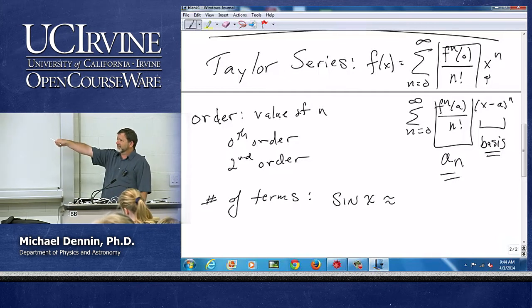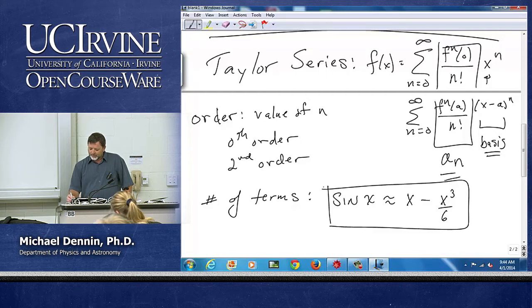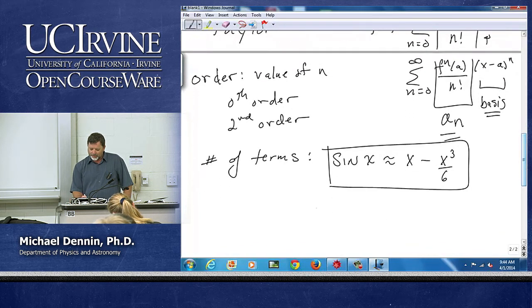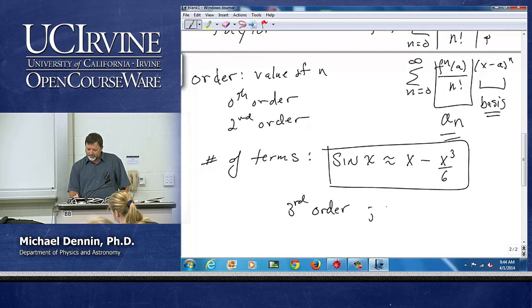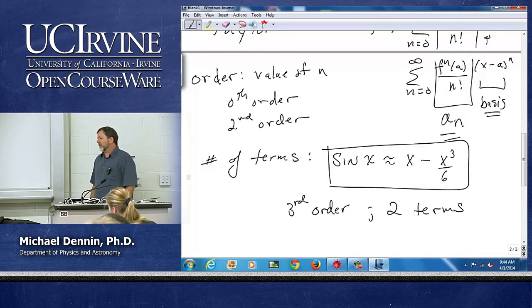Well, it's x minus x cubed over 6, 3 factorial. Now, notice this expansion is third order, but it has 2 terms. So just be aware of that language, right?